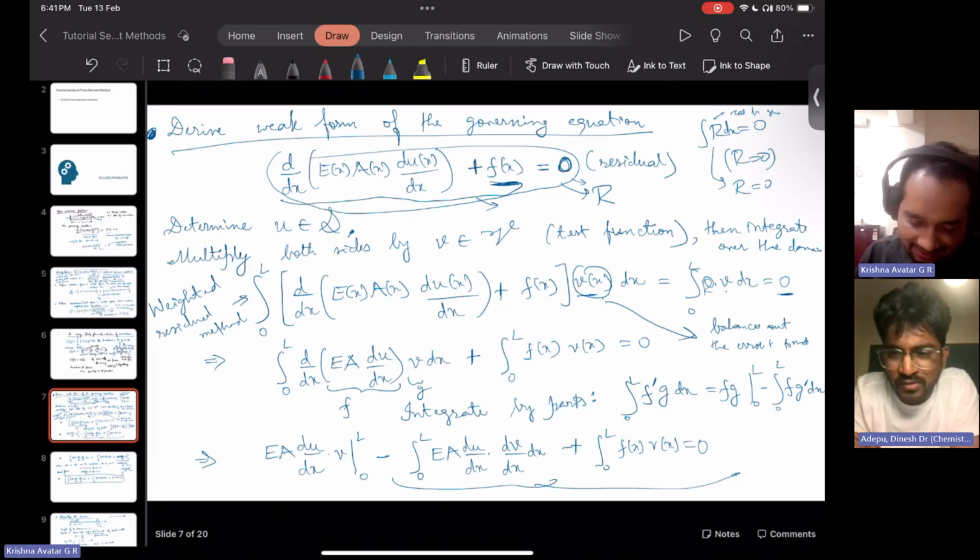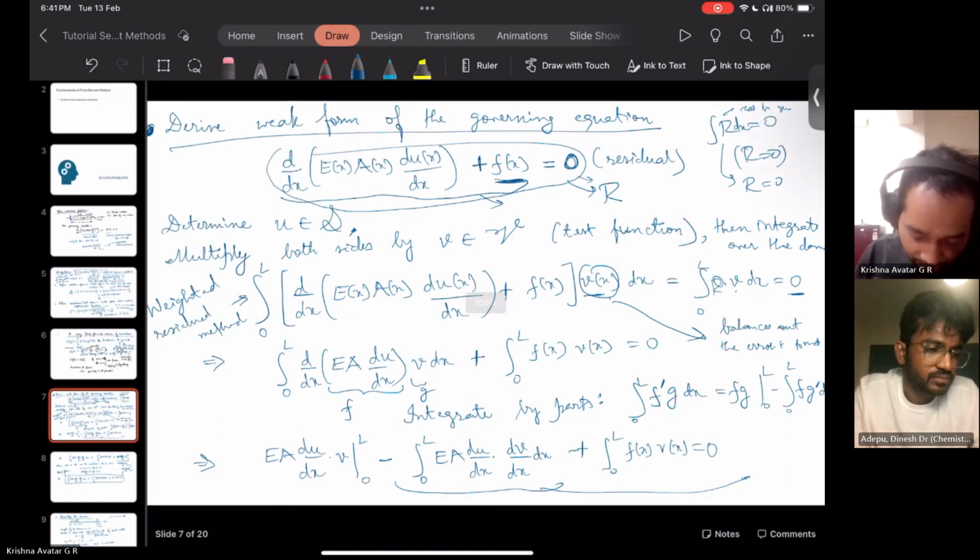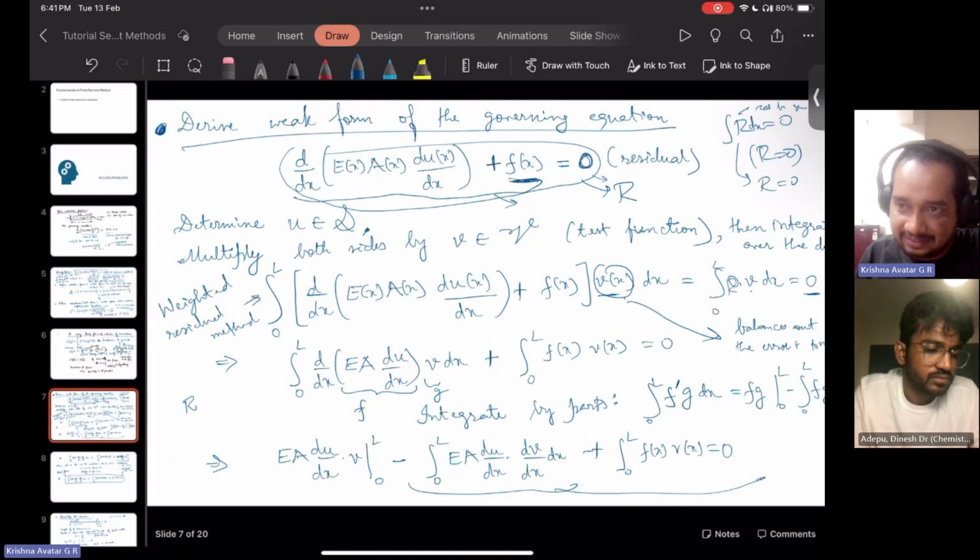Right now, the advantage of multiplying by v is, if you ask me, that we are taking R, which is nothing but this equation.